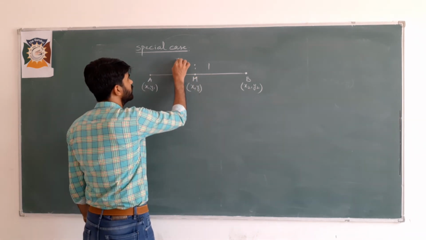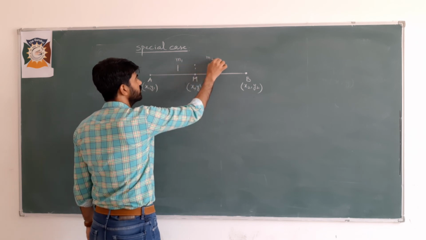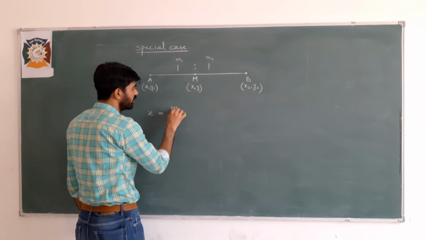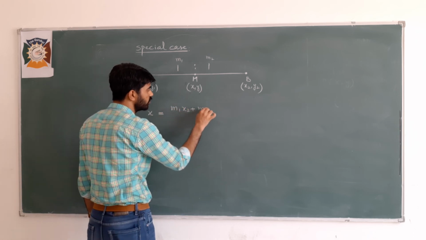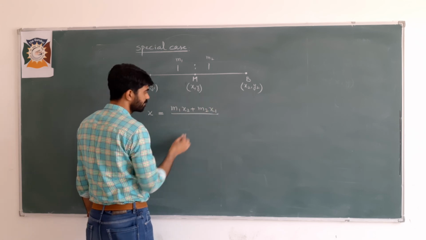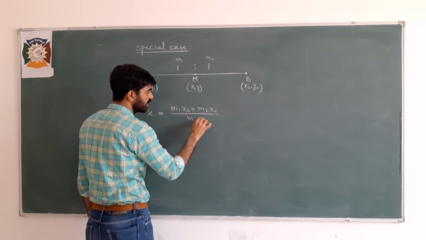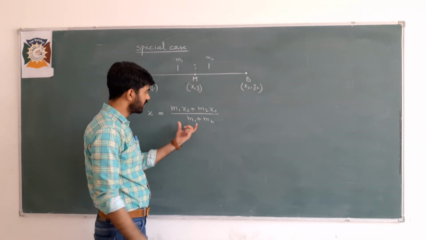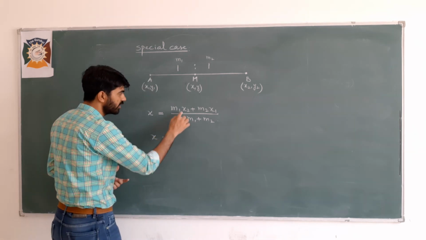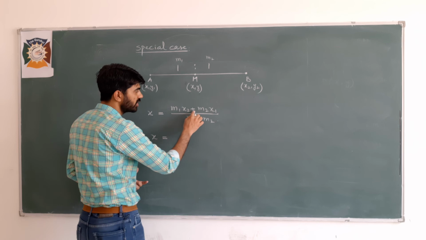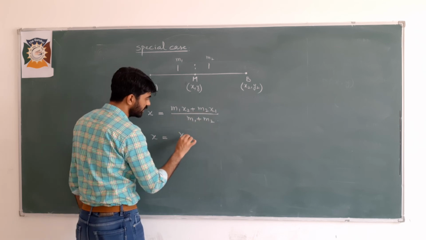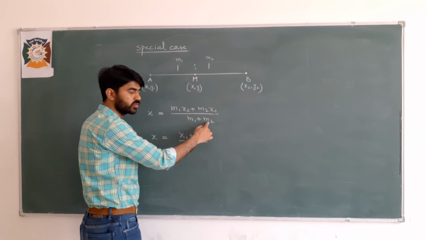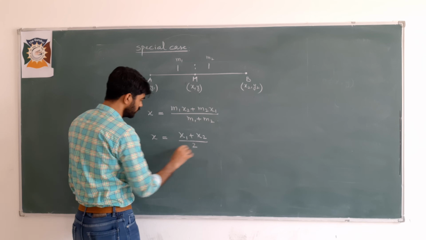So m1 will become 1, m2 will also become 1. And what is the formula for x? x is equal to m1 x2 plus m2 x1 by m1 plus m2. By putting m1 and m2 as 1, 1, we get x2 plus x1, so directly I am writing x1 plus x2 by 1 plus 1, so it will be 2.